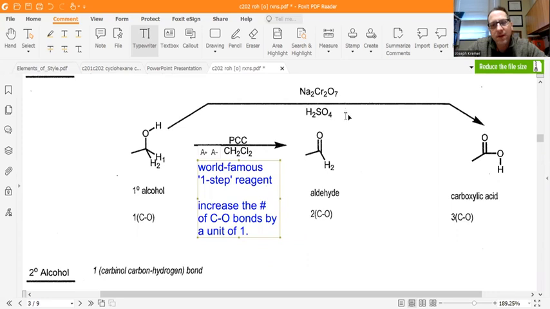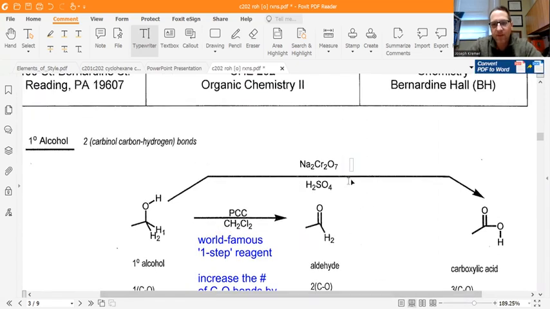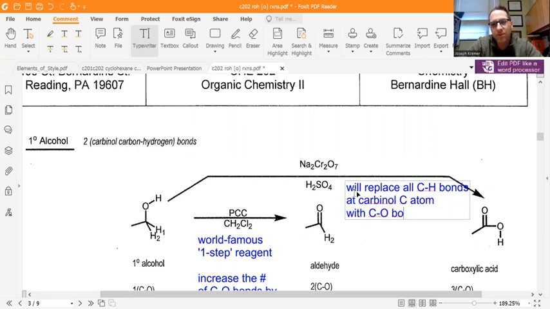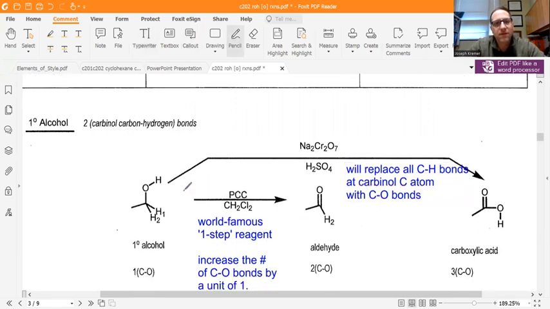Whereas sodium dichromate, as you remember, is the more severe reagent. So sodium dichromate sulfuric acid will have the capability to replace all carbon hydrogen bonds at the carbonyl carbon atom with carbon oxygen bonds. So like we saw over here, here are the two hydrogens at the carbonyl carbon.